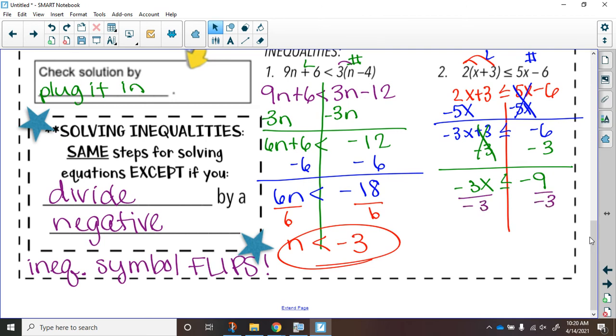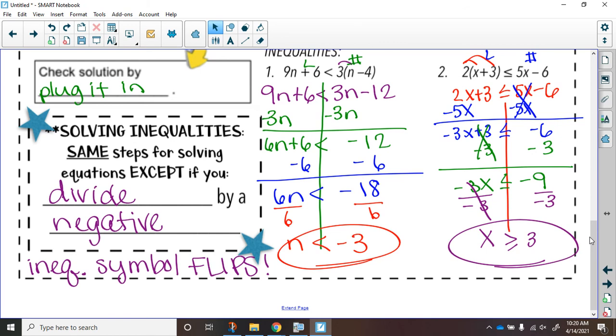Because we divided by a negative, your inequality symbol becomes greater than or equal to. So negative 3 and negative 3 leaves us with x. And then negative 9 divided by negative 3 is positive 3. So that would be our final answer.